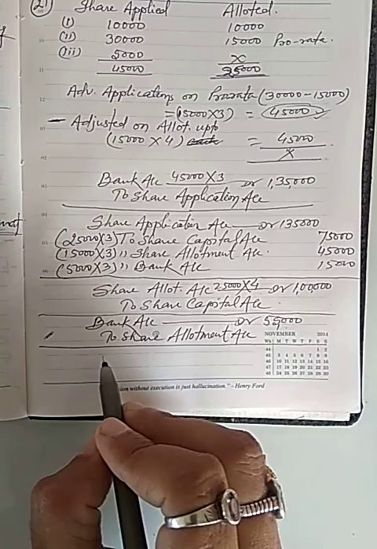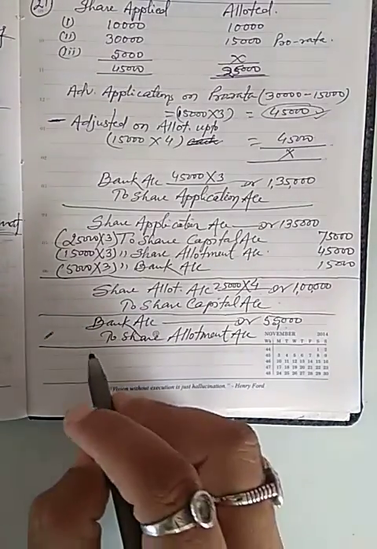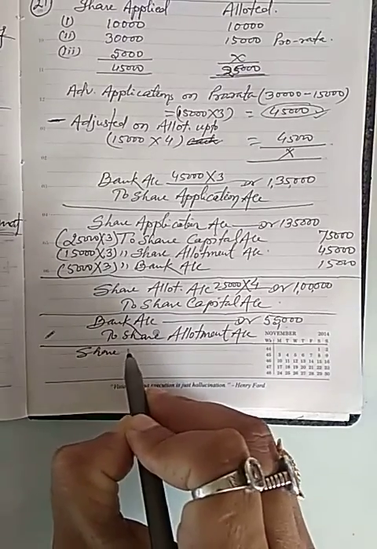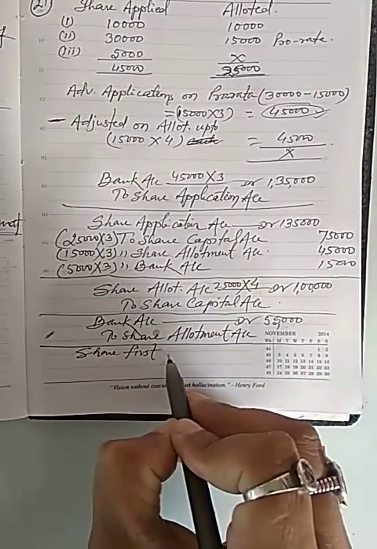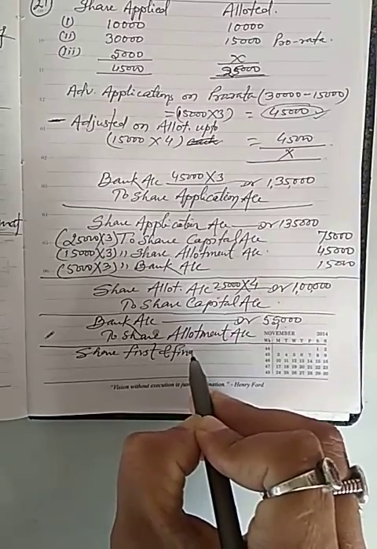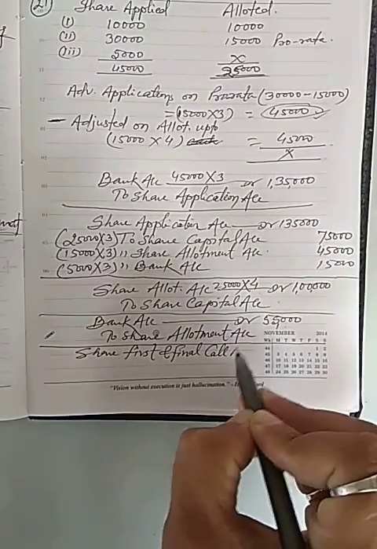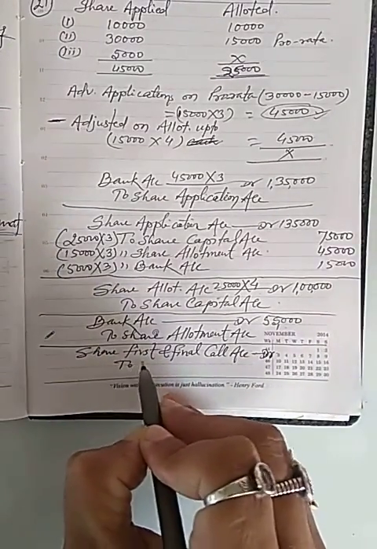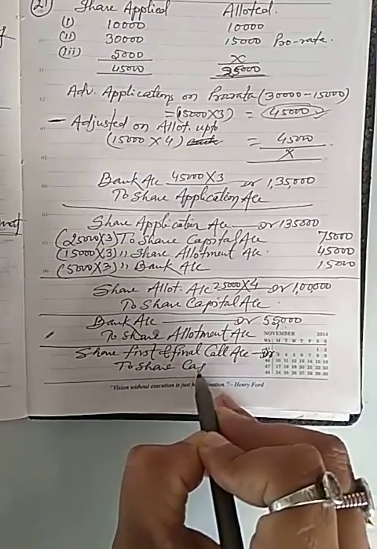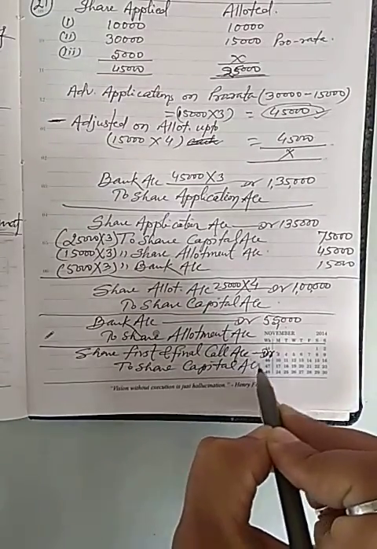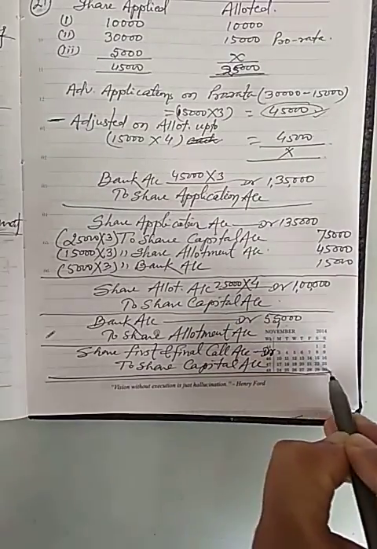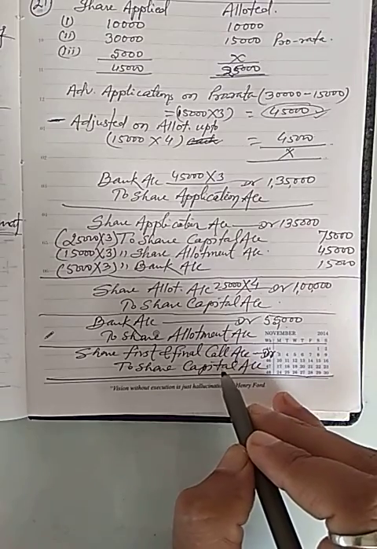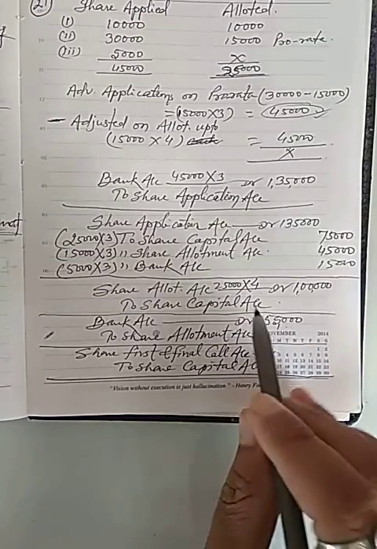Now I will do the journal entry for share first and final call. So the journal entry will be share first and final call account DR to share capital account, and the amount will be on 25,000 shares at the rate of the balance amount.